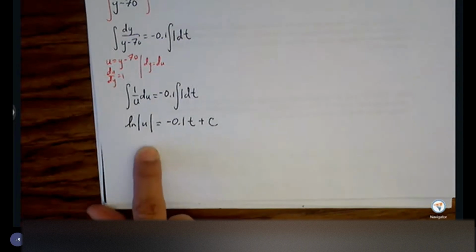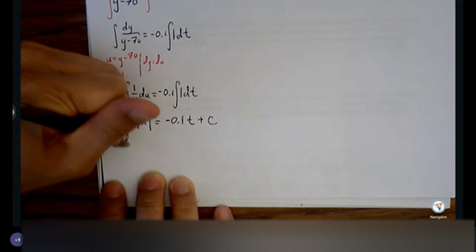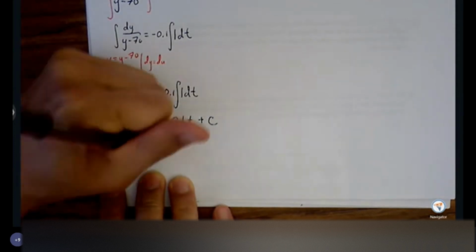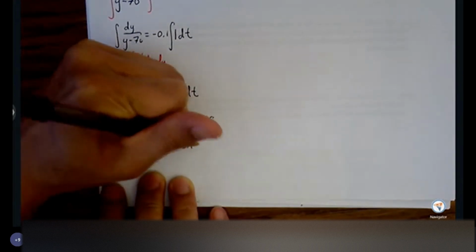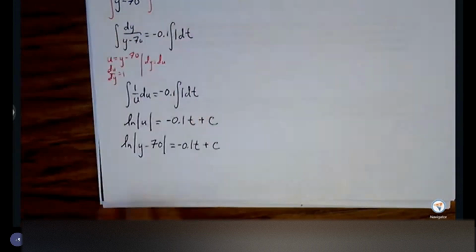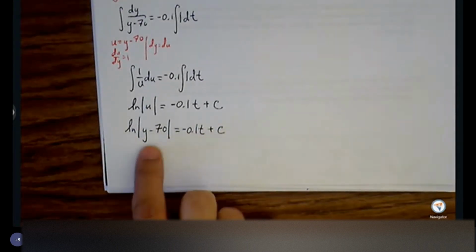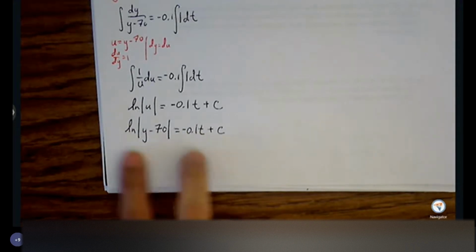Okay, so from here, I'm going to bring that u back in terms of the original variable. I'm going to go ahead and take care of solving for y first. I could solve for c, probably about the same difficulty here.